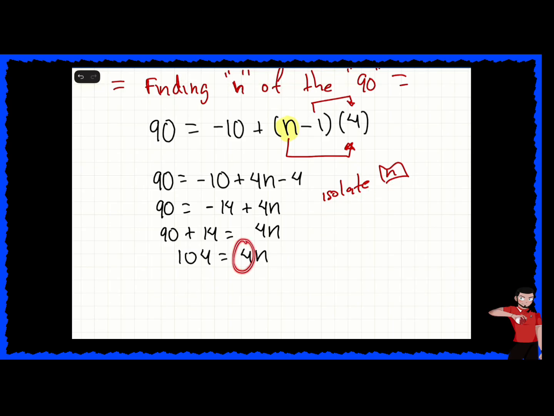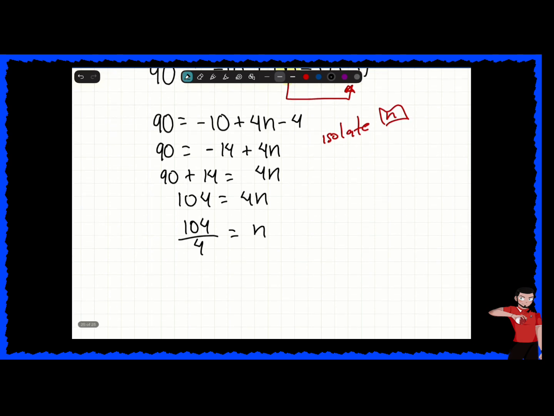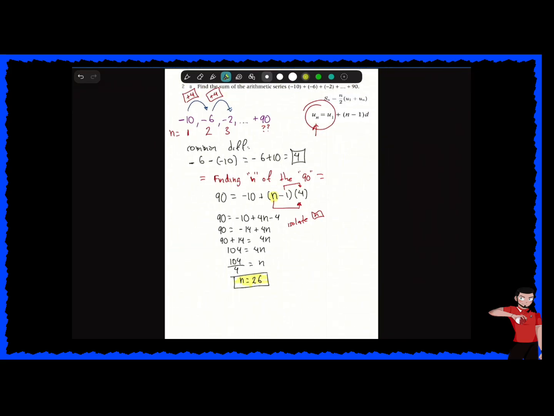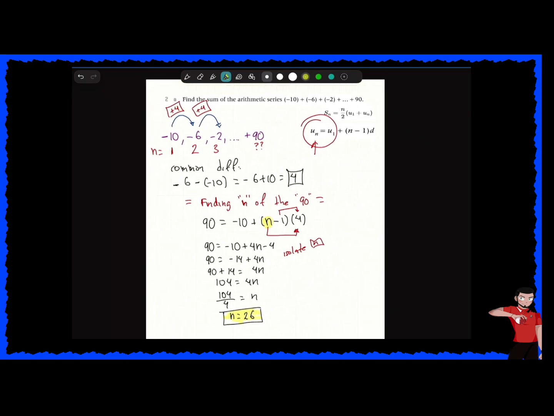So we need to move the 4 by using the opposite operation, in this case a division. So 104 divided by 4 equals n. Our n is 26. You can perform this in your calculator. This is only to find the position.